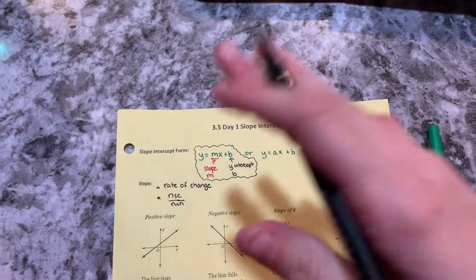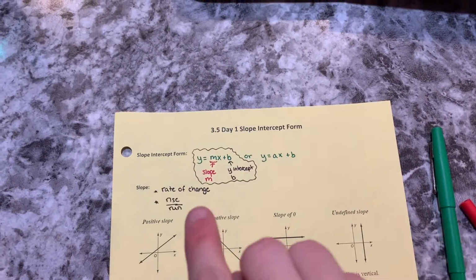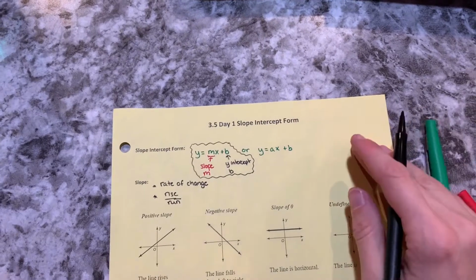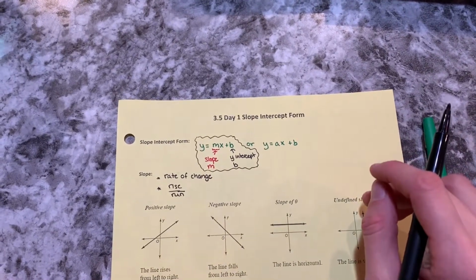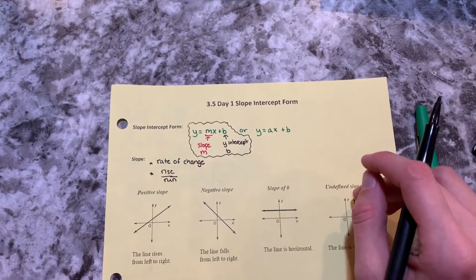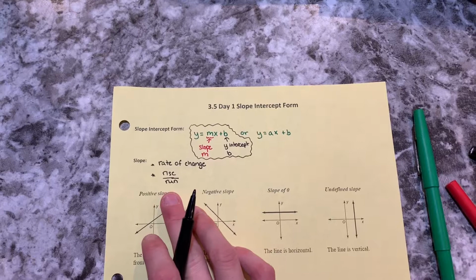How much your y values change up and down versus how far they change left and right. We'll learn more about slope at the beginning of our next chapter, including how to find the slope between 2 points. But for now, knowing the slope is the rise over run is the really important thing for us to know.